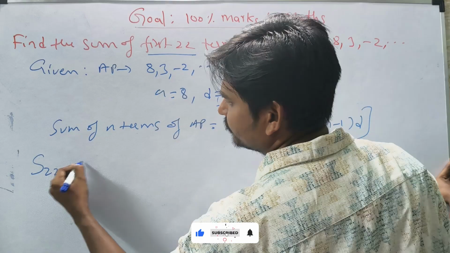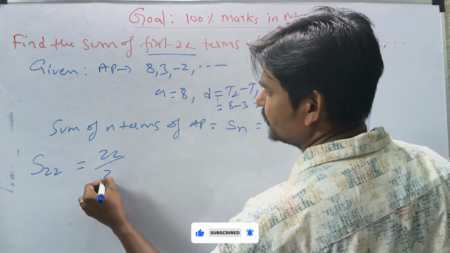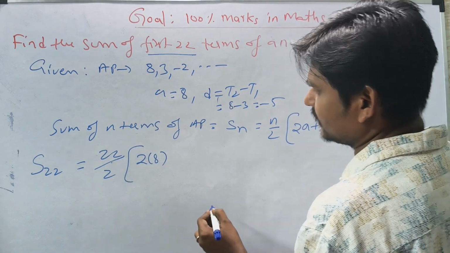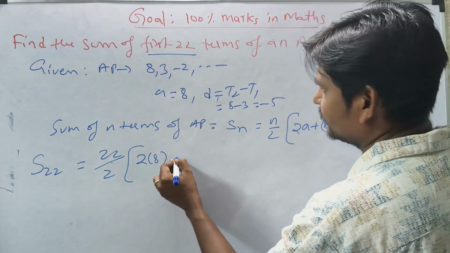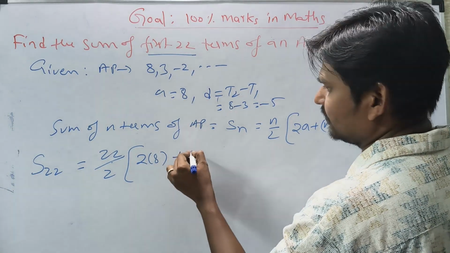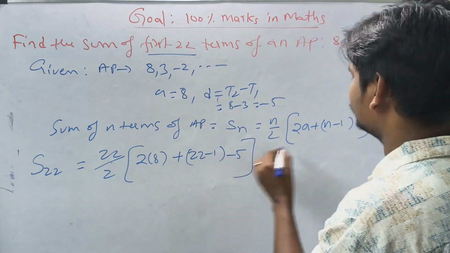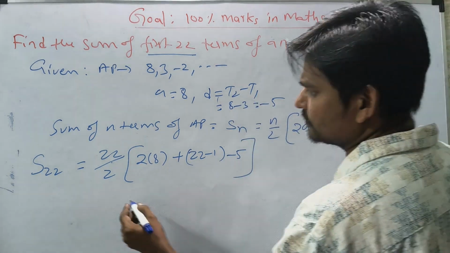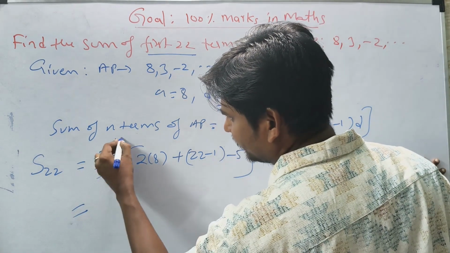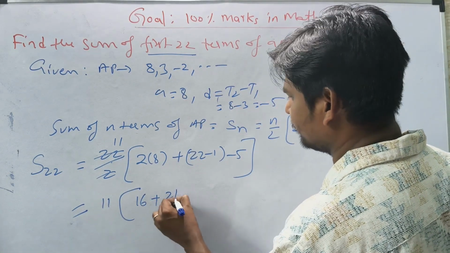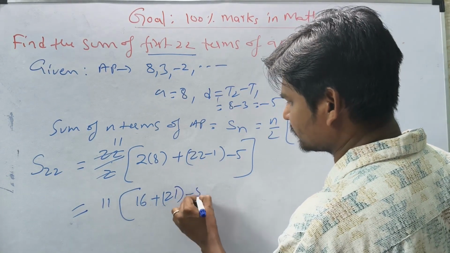So S22 is equal to 22 by 2 into 2 into 8, a's value is 8, plus n minus 1, where n is 22, so 22 minus 1 into minus 5, where d value is minus 5. Substitute all values. Now 11 times, 2 into 8 is 16 plus 21 into minus 5.